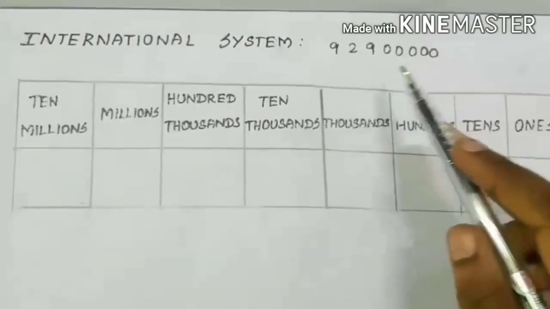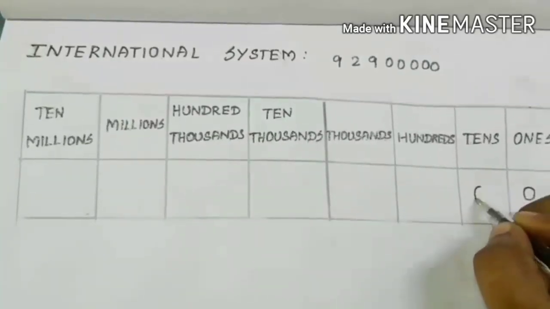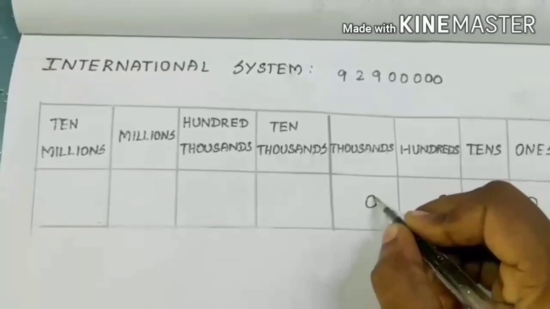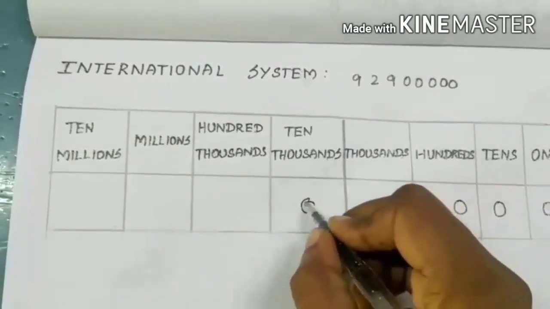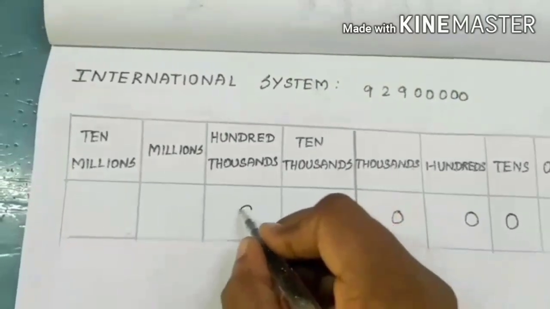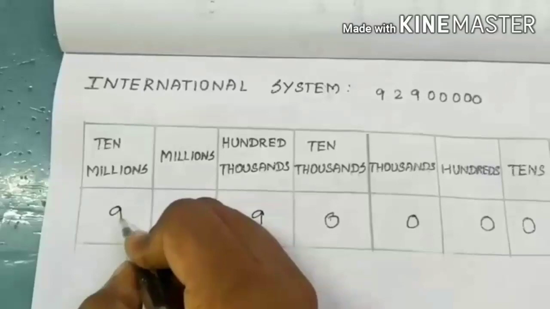Next one is the international system. The number is given: ones, tens, hundred, thousands, 10,000, 100,000, million, 10 million.